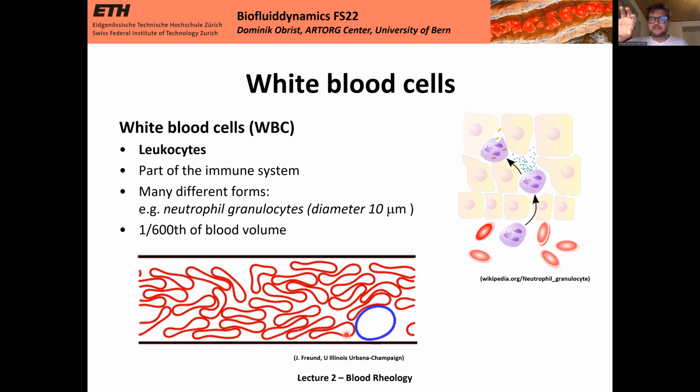They need to be transported with the blood flow, and then at the right location, they need to squeeze through the wall, through a gap in the wall, and go out into the tissue and do their work. Right? So the question here was, is there something fundamentally fluid mechanical in these flows with a lot of particles, which make the large white blood cells move preferentially to the walls?